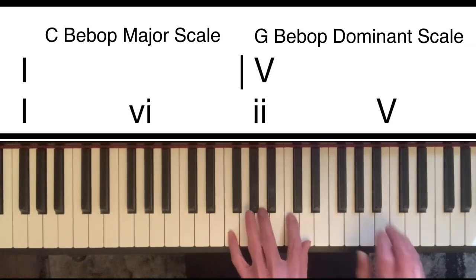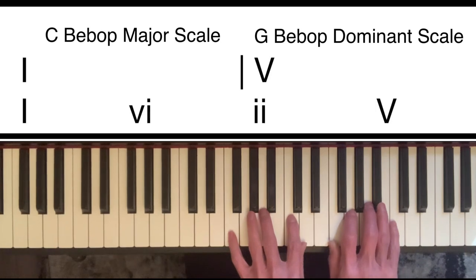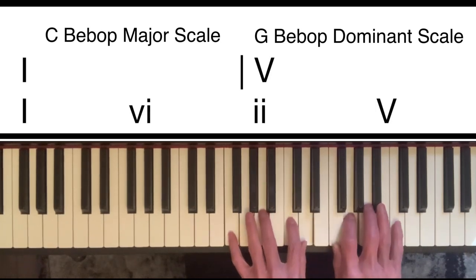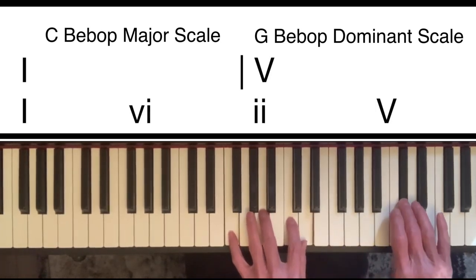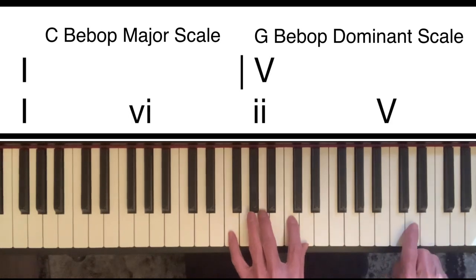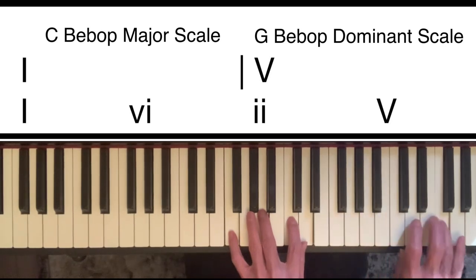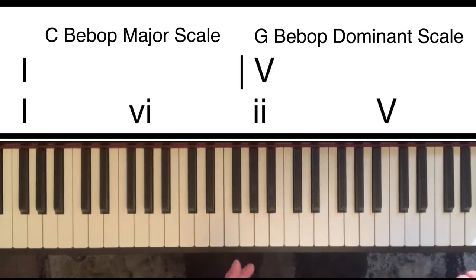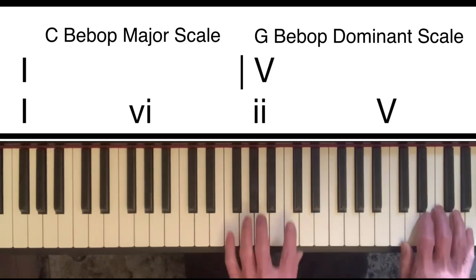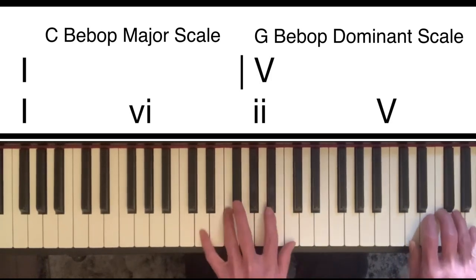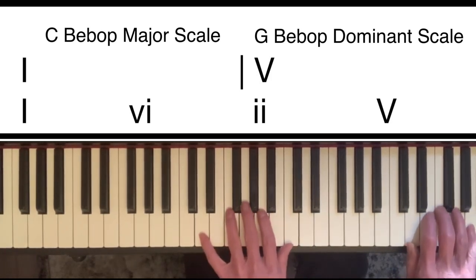Why don't we use a bebop major scale starting on F? There, I've put the chromatic passing note in between the 5th note of an F major scale. Okay, well, if you did that, let's say you were going from D minor 7 to G7 and you did a little passage like this.